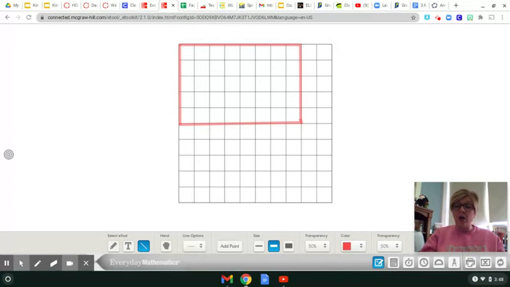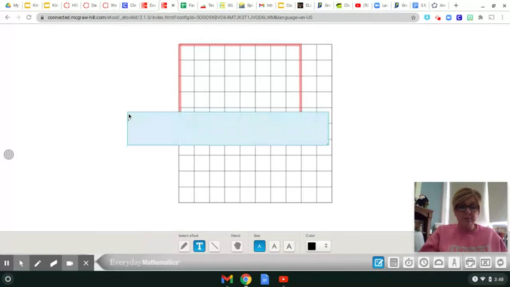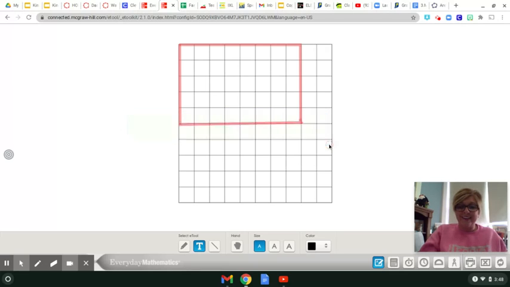So our area for this bathroom then would be 40. See if I can scoot this over so you can see the shape. Oops, it went away.